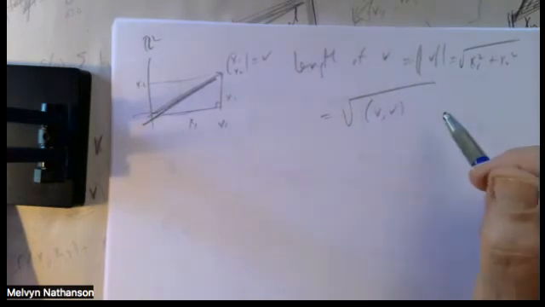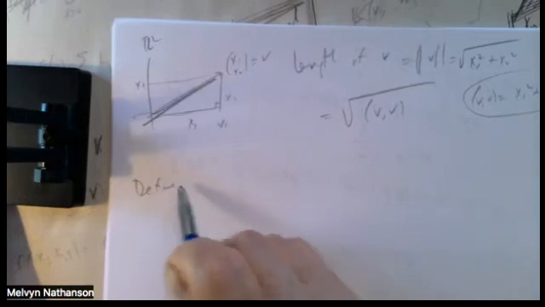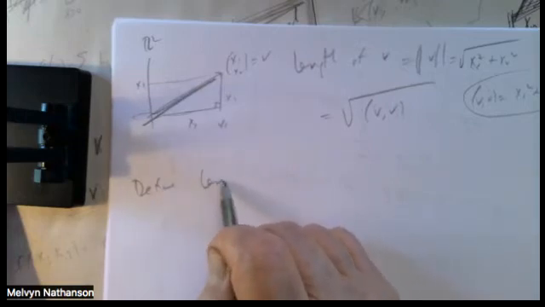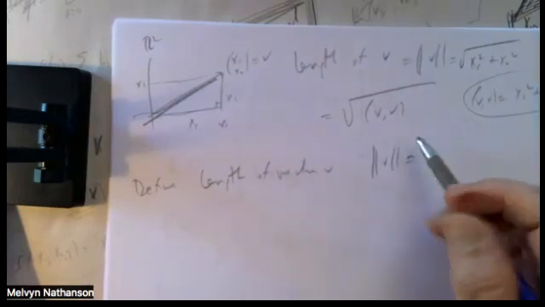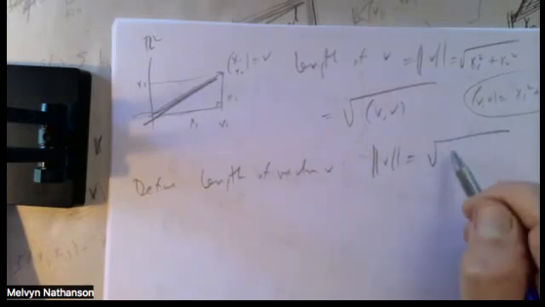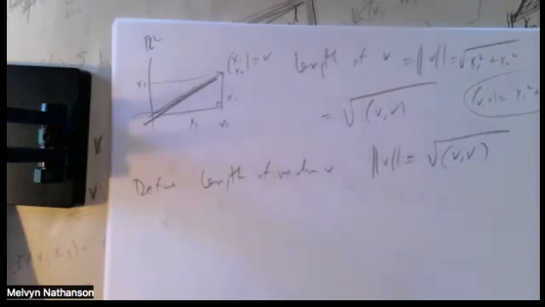which is the square root of the inner product of v with itself. Right? The inner product of v with v is x1 squared plus x2 squared. So in general, in any inner product space, you define the length of the vector v as follows. The length of v is defined to be the square root of the inner product of v with v.